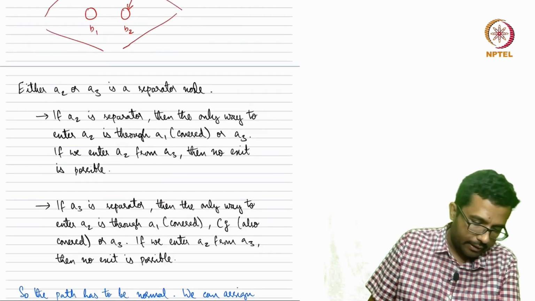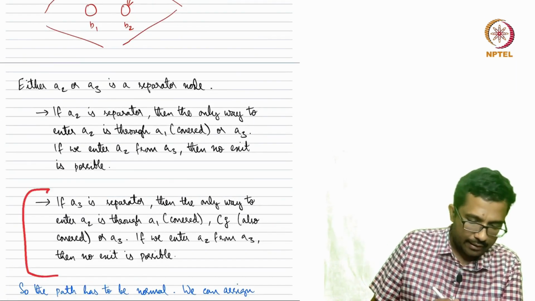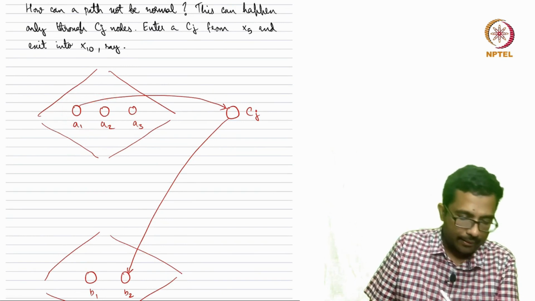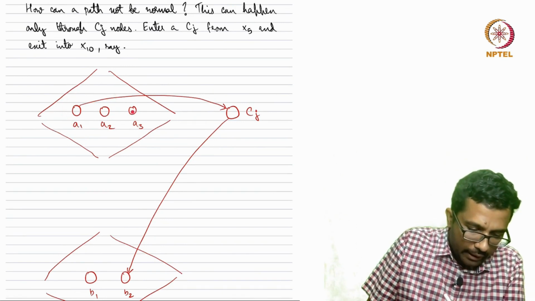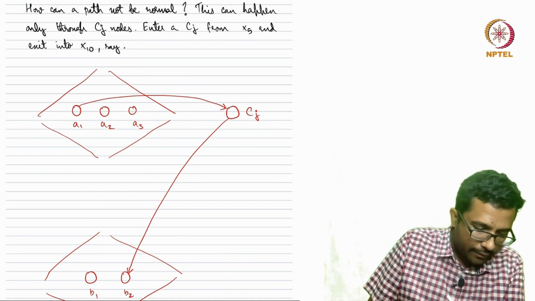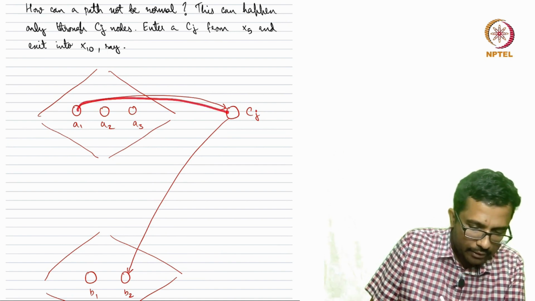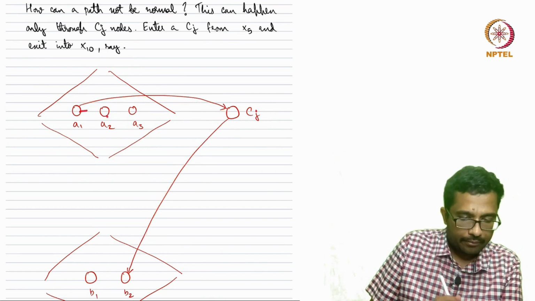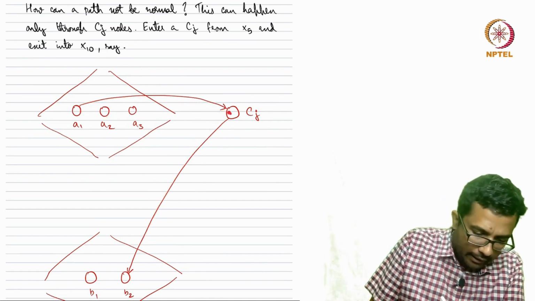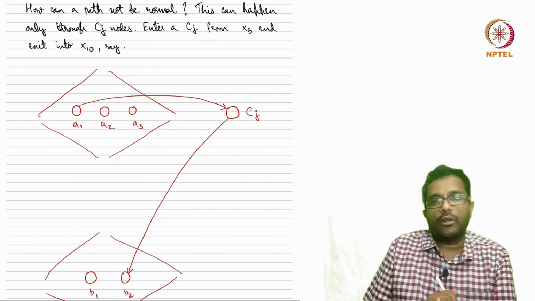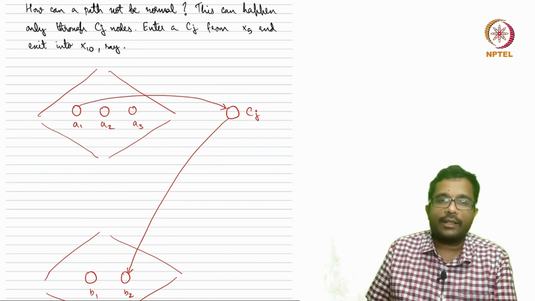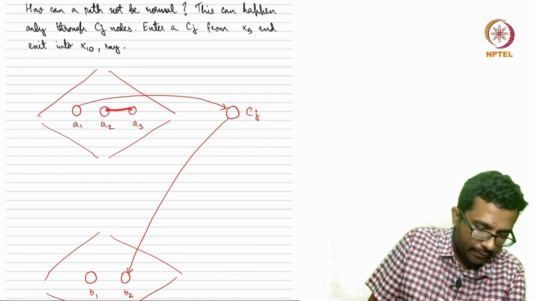So if this is the box, how can we enter A2? If this is the box, A3 is a buffer vertex or a separator vertex. We can re-enter A2 from A1, but A1 we have already covered. We somehow reached A1, then went to Cj and then went to B2. Now we cannot re-enter A2 through A1, and we cannot re-enter A2 through Cj because Cj is also already covered. The only other vertex adjacent to A2 is A3.